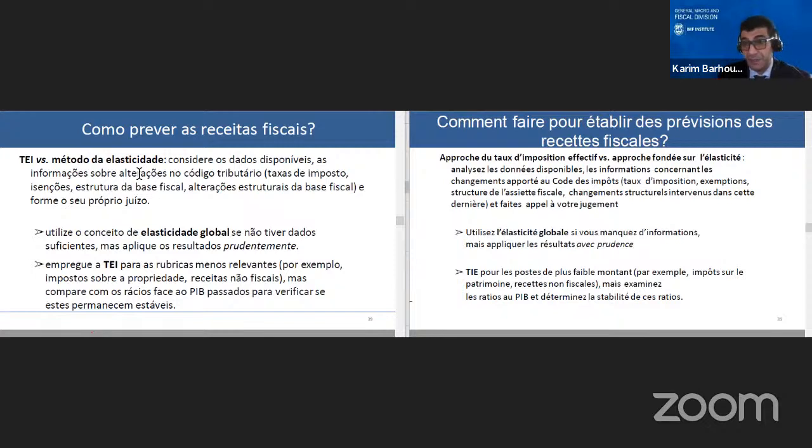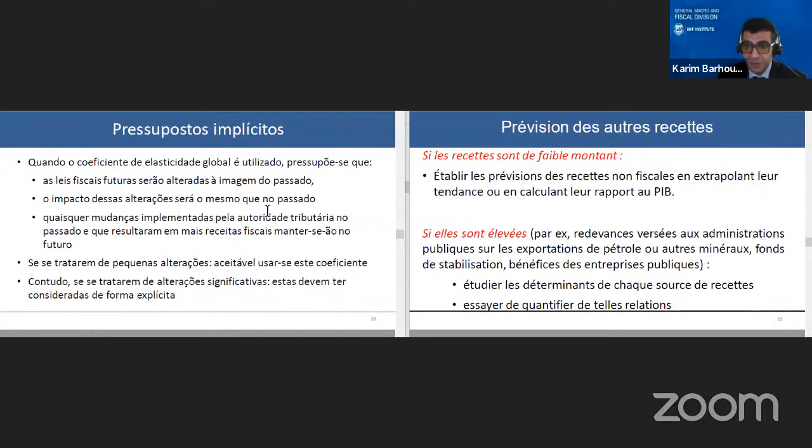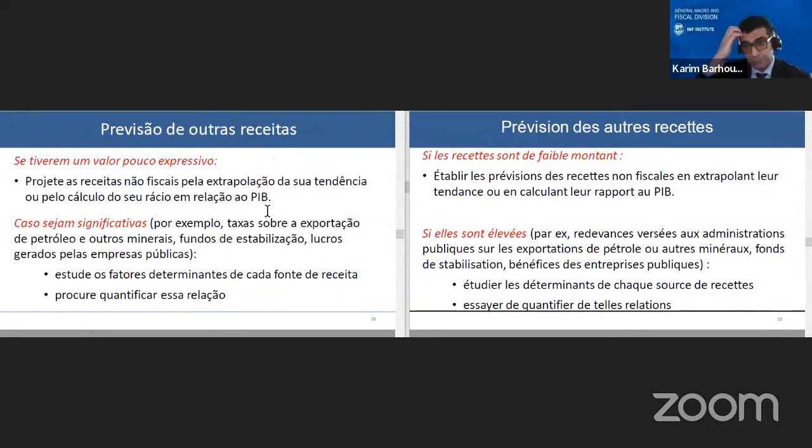However, if they are significant, let's say, for example, the fee to government from oil exploration or the profit from public enterprise, here we have to be careful. First off, you have to study the determinants of each revenue source and then try to quantify any such relationship to make your forecast. It's not something that we can do considering that it is small, because they have a very significant effect. Any questions so far?